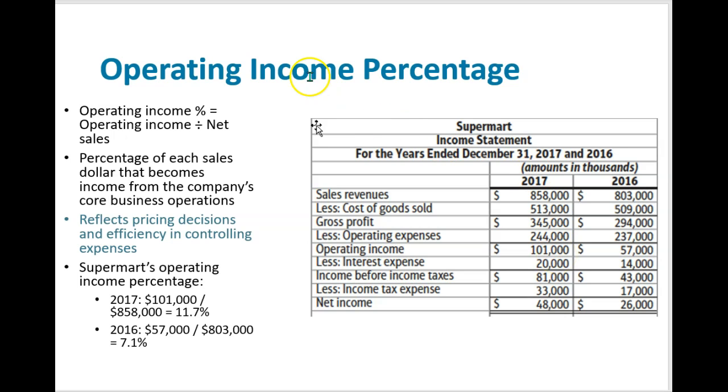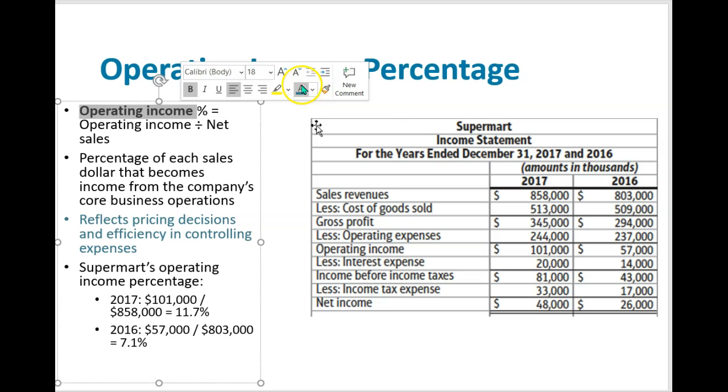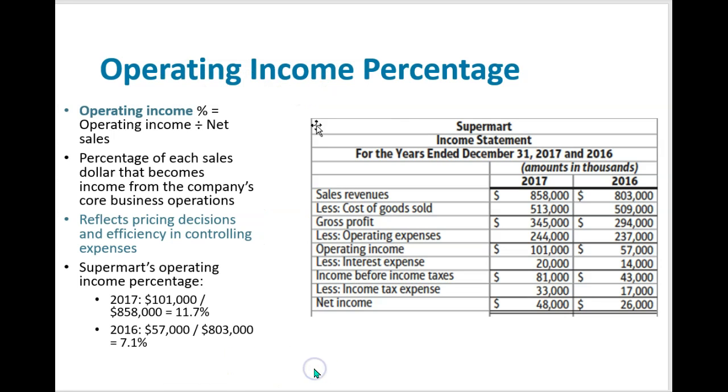Again, that is operating income divided by sales. So for every dollar of sales, how much ends up in operating income? And don't forget, it's operating income. It's really easy to reach back for net income.